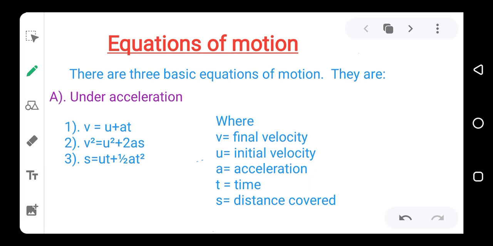We have three basic equations that we actually use in motion, and we apply each of them in different formats depending on the condition of the moving body. We apply a different format when the body is accelerating and another format when the body is decelerating.